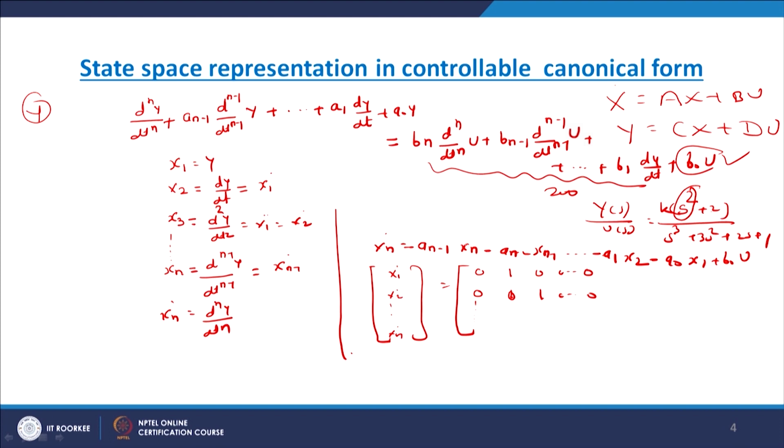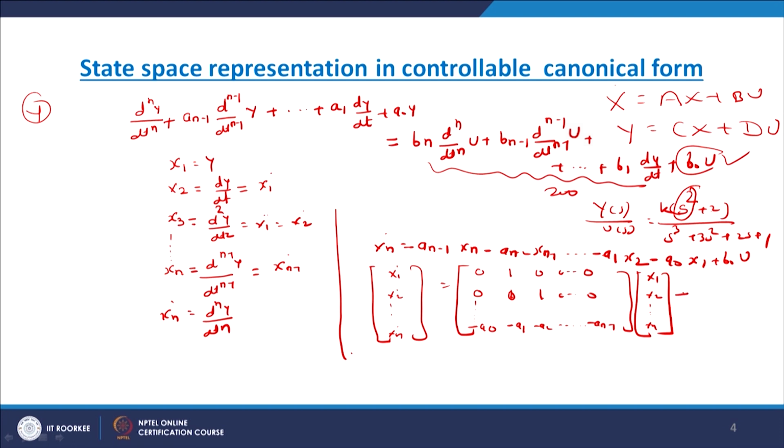So, we can represent this as minus a0, minus a1, minus a2, and this process is repeated up to minus a of n minus 1, multiplied by x1, x2 up to xn.